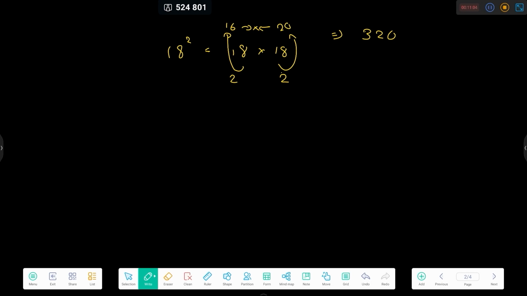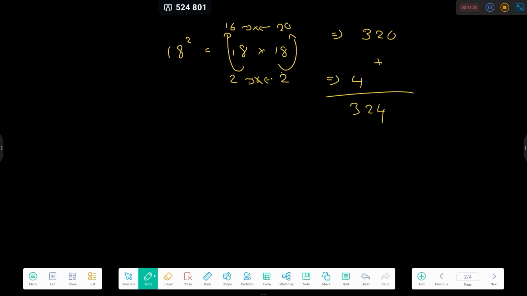So plus multiplying 2 into 2, which gives you 4. Add these two numbers to get 324.